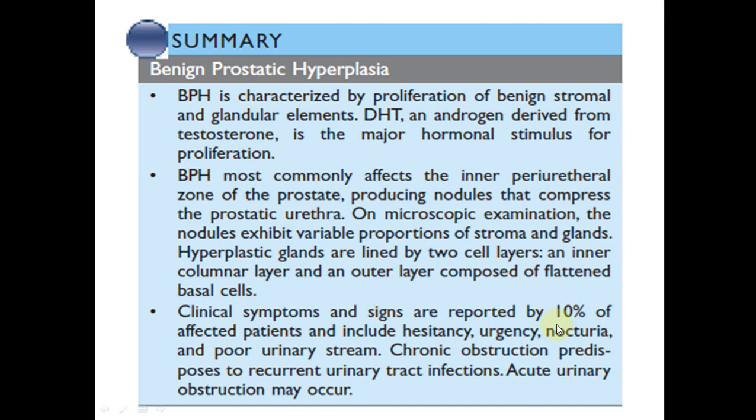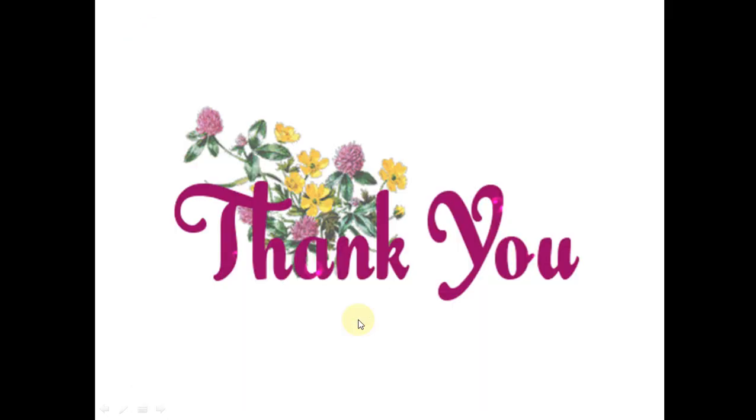Not all people and not all aged people have symptoms due to benign prostatic hypertrophy, but those patients who present with symptoms have hesitancy, urgency, excessive urination at night time, and a narrow, poor urinary stream, and as we know there is stagnation of urine in the urinary bladder, so it will invite bacteria and will cause recurrent urinary tract infections, and sometimes even acute urinary infection may occur in benign prostatic hyperplasia.